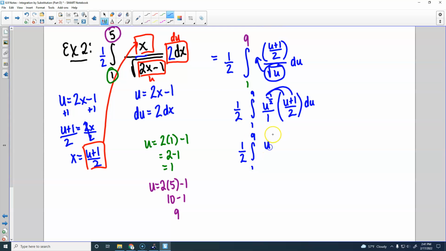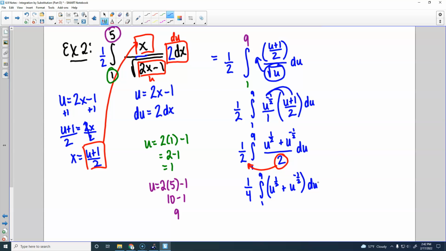So I would get u to the positive 1/2 plus u to the negative 1/2 over 2 du. We're going to take 2 out here because it's just a coefficient, and that way it'll be out of our way. So we get 1/4 integral from 1 to 9 of u to the 1/2 plus u to the negative 1/2 du.